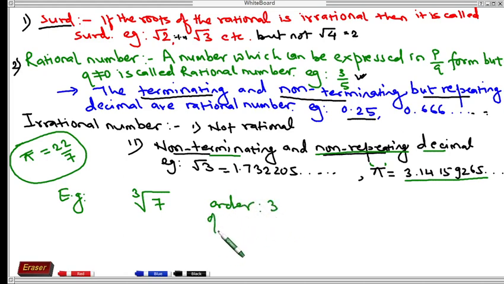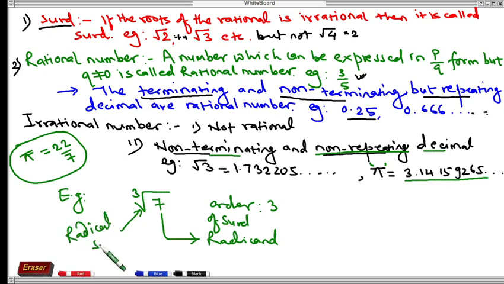The order of the surd is 3. 7 is called the radicand, and this cube root is the radical sign. So in this way we can find it.